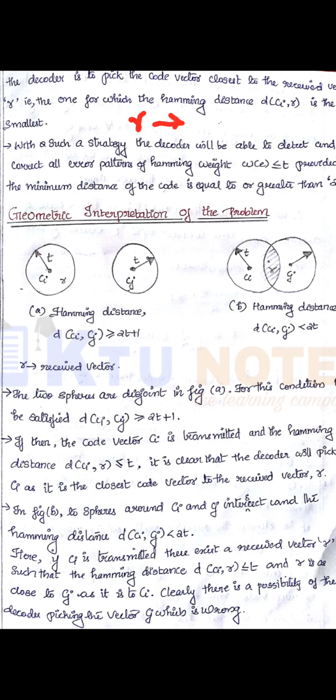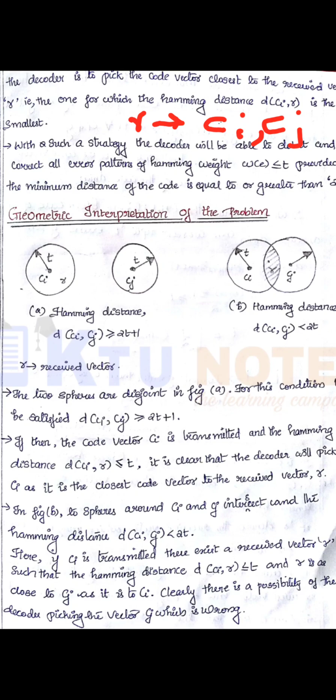We received a vector R. From this R vector we are finding Ci and another vector Cj. So we are predicting the code word. This may be the code word or the other may be. So we get a list of code words.